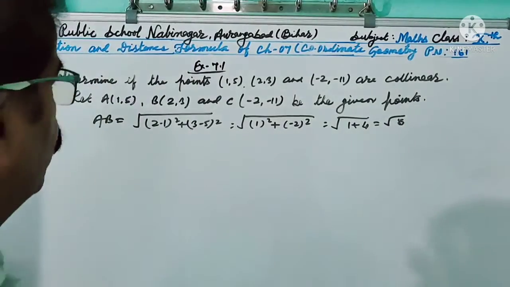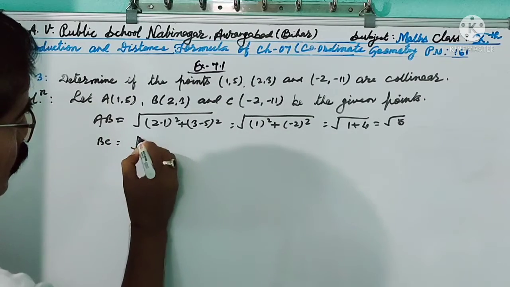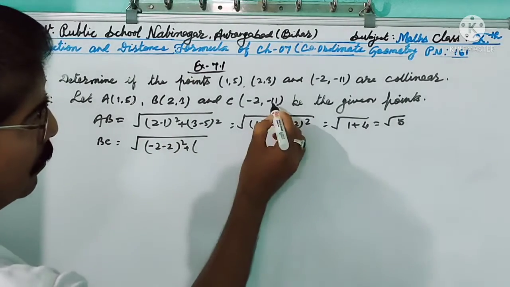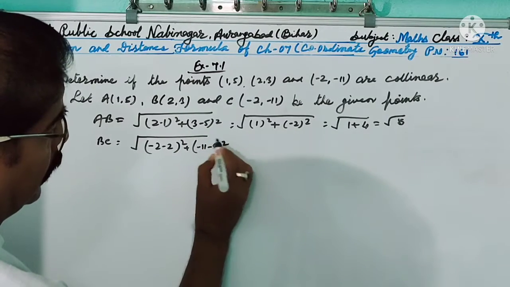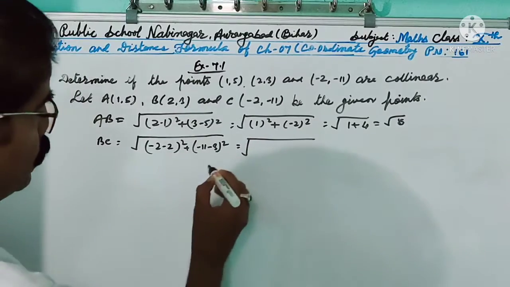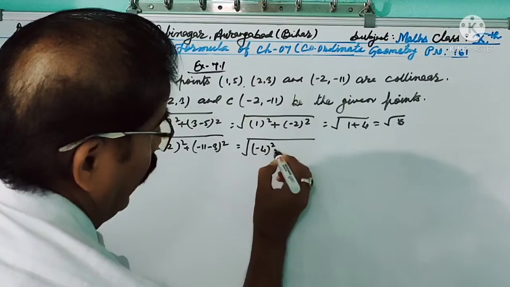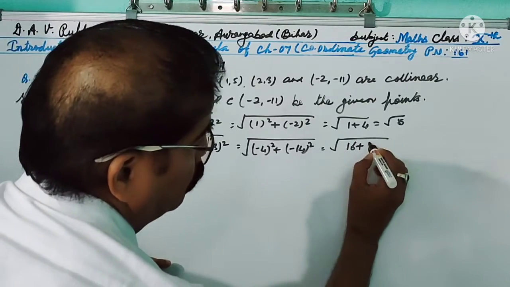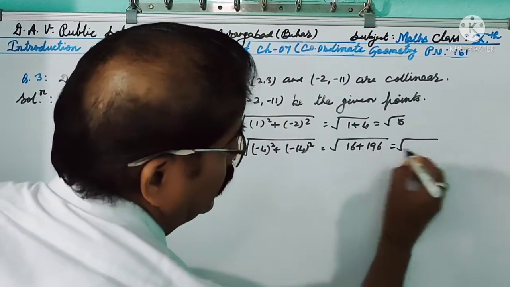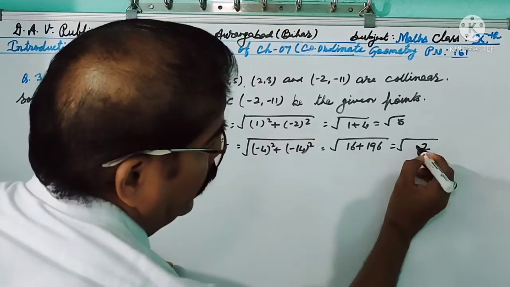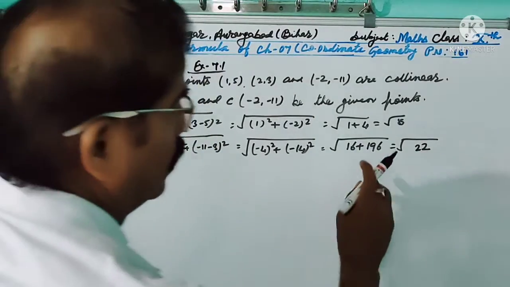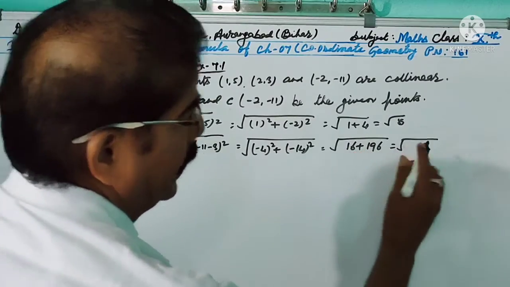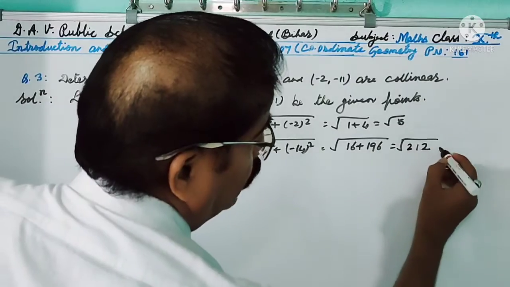So AB equals root 5. BC equals the square root of (-2 minus 2) square plus (-11 minus 3) square, which is (-4) square plus (-14) square, equal to 16 plus 196, that is 212.